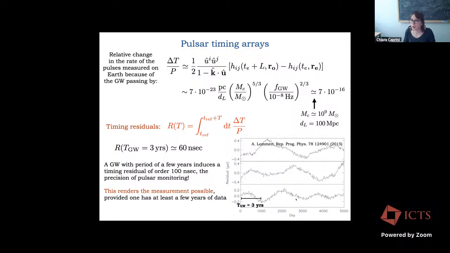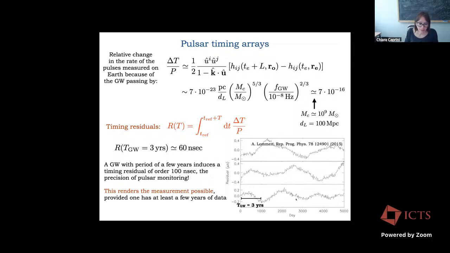And that is why, indeed, pulsar timing arrays have observed for many years, of the order of 10 or 15 years, and then they have announced the discovery, or the detection.